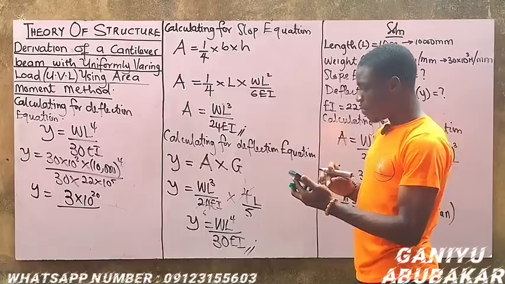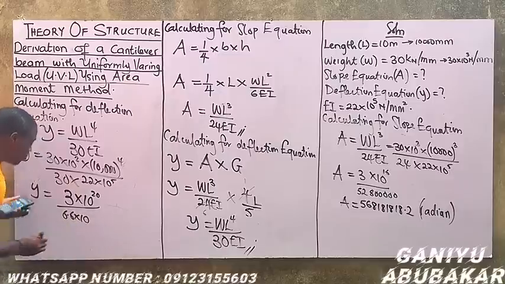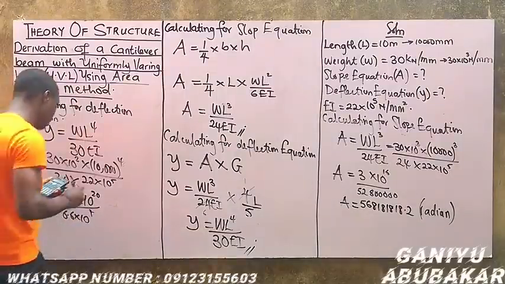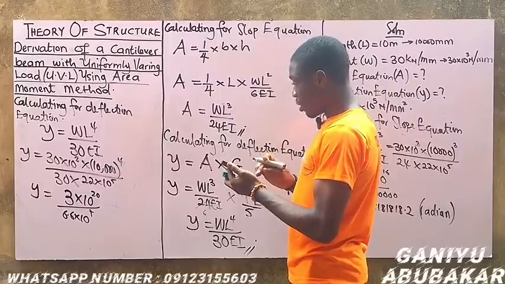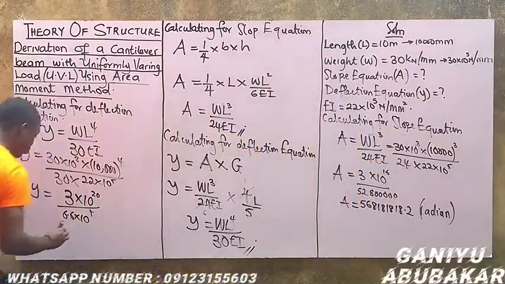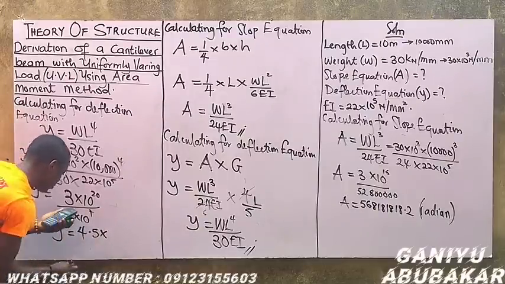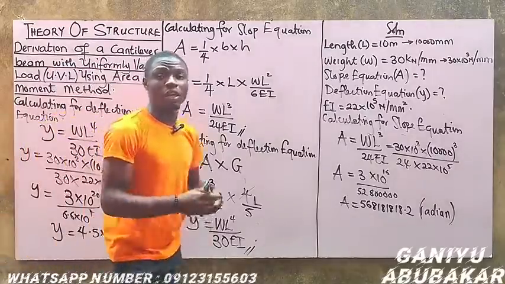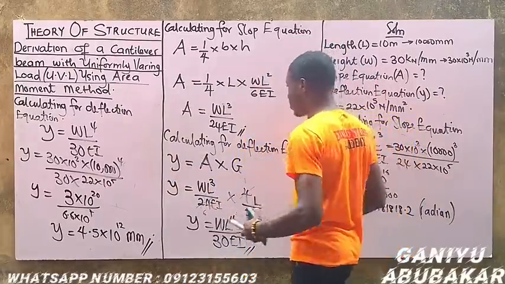I have 6.6 times 10 to power 7. Divide the numerator by the denominator, 3 times 10 to power 20 divided by my value there. So I have my deflection equation y is now equal to 4.5 times 10 to power 12 in millimeter there. So this is how to solve this question and how to arrive at this point.